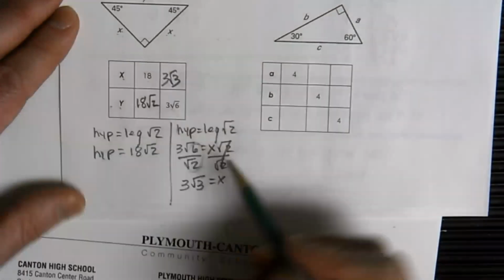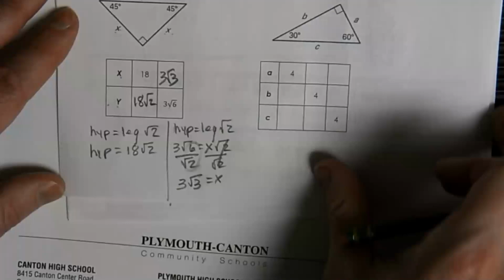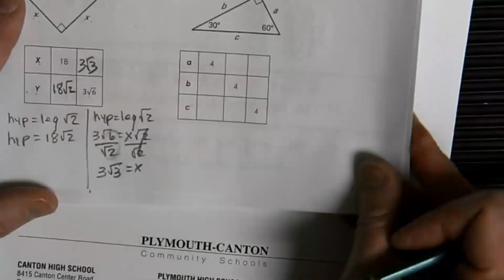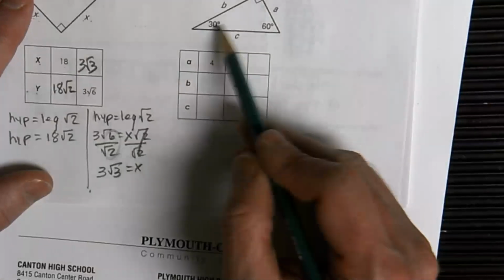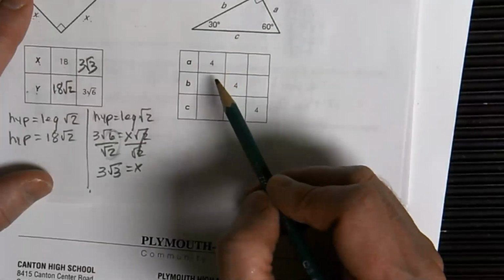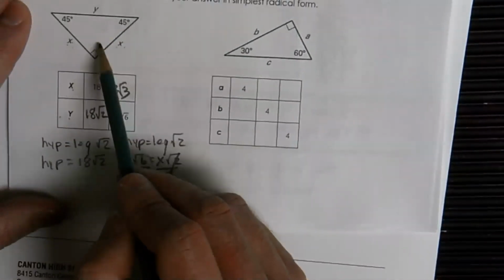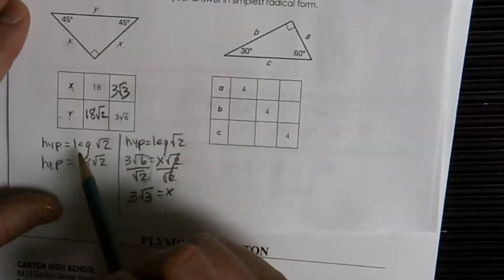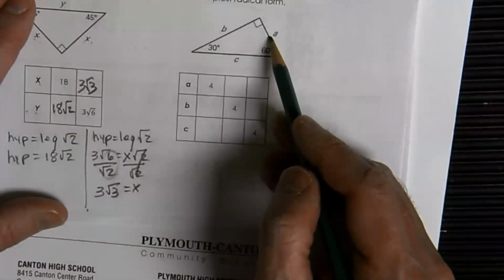So we had two different questions. Our last example, this is a 30, 60, 90 triangle. So we need to use the rules for a 30, 60, 90. This one was 45, 45, 90. So we use the rules for that. The A is your short leg.